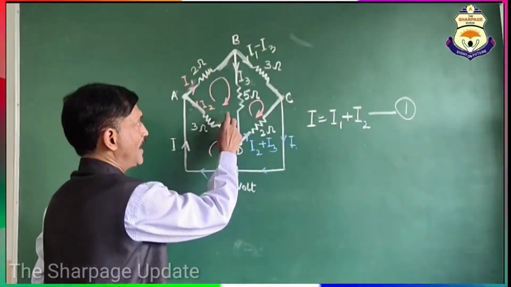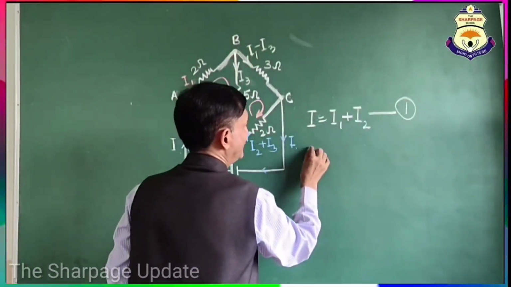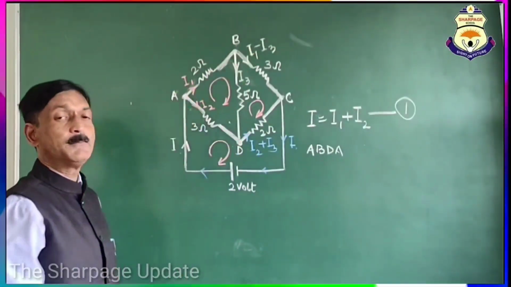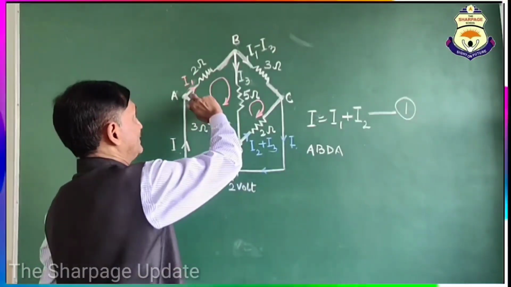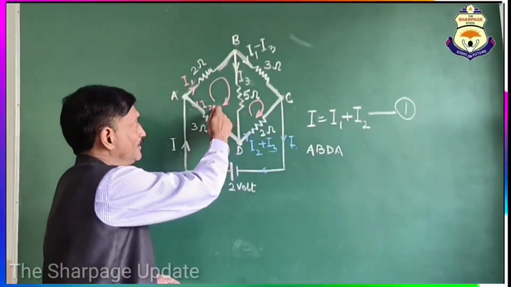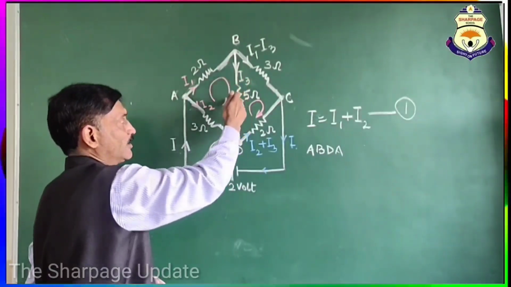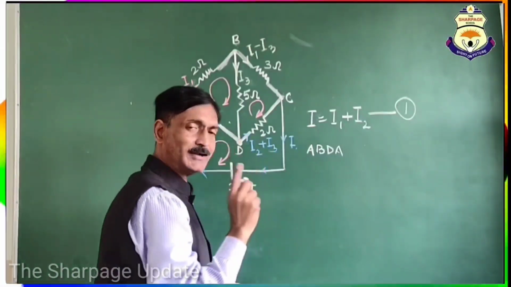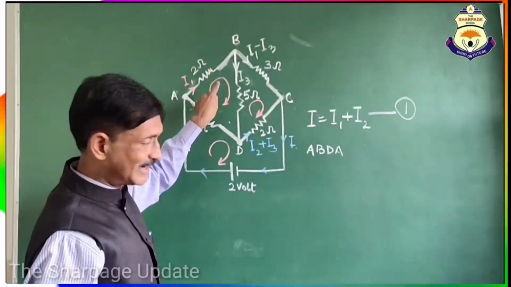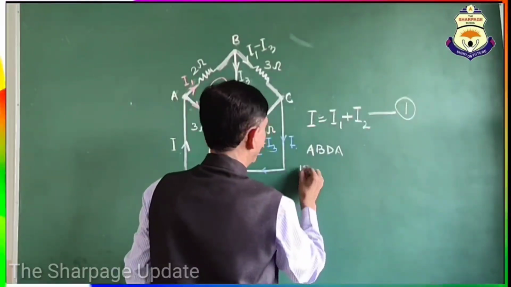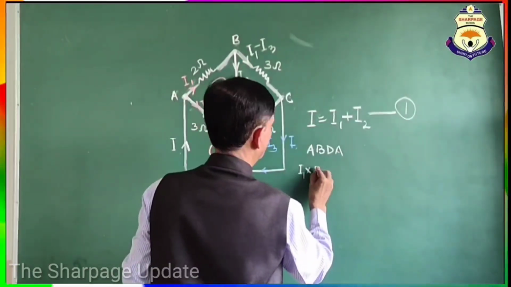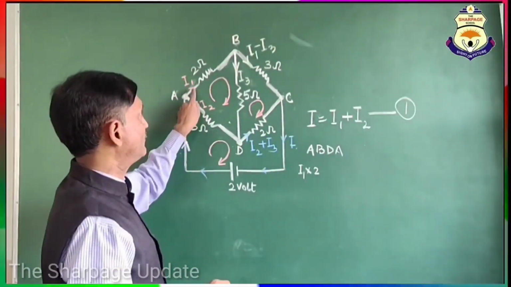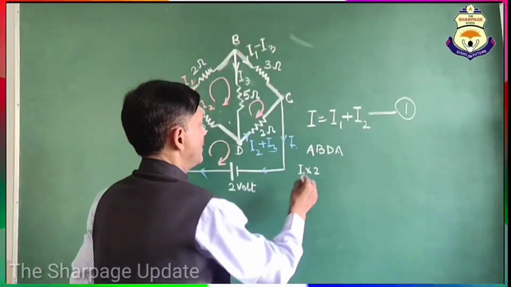Now in this closed mesh, A, B, D, A, by Kirchhoff's voltage law, the current I1 is the main current, and here you can see that I3 is also in the direction of this current, but I2 is opposite to this current. So according to Kirchhoff's voltage law, I1 into 2, because the product of resistance and electrical current, I1, and the corresponding resistance is 2 ohm.